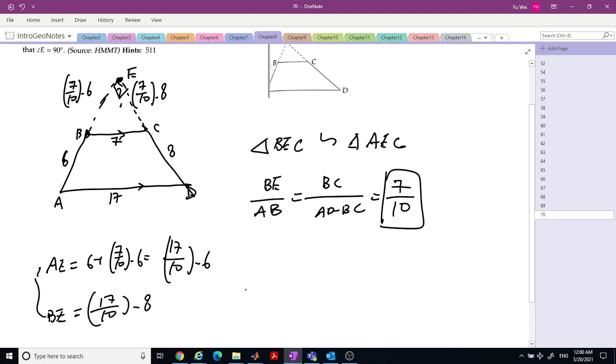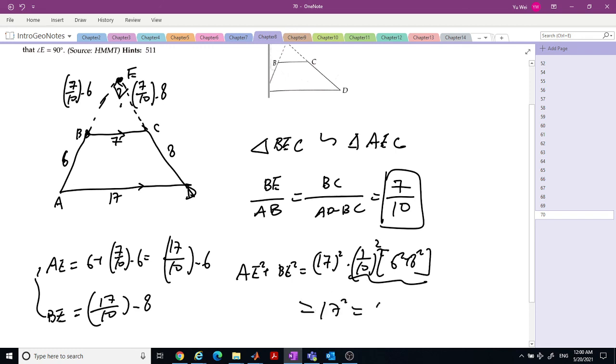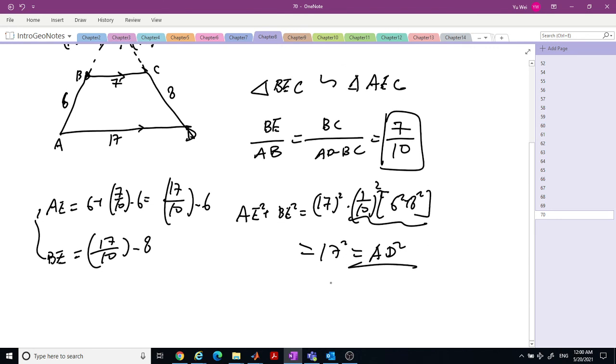Then let's prove AE squared plus DE squared. It's 17 squared times 1 over 10 squared, times 6 squared plus 8 squared, right? So this together is 1, so it's 17 squared, which is equal to AD squared. So that's why we can prove angle AED is equal to 90 degrees by the Pythagorean theorem, right?